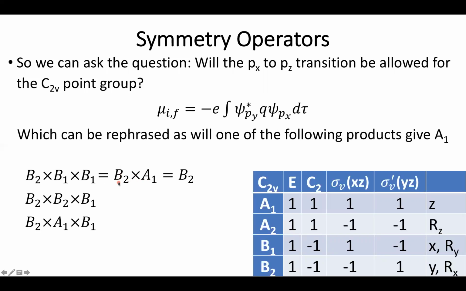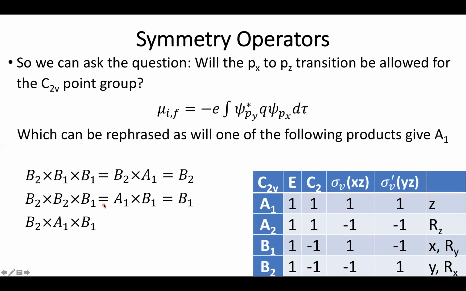So A1 times B2 gives me back B2. And we can apply the same logic here. B2 times B2 gives me A1 times B1 gives me B1. So congratulations. A photon coming along the X or Y axis will be a symmetry forbidden excitation.